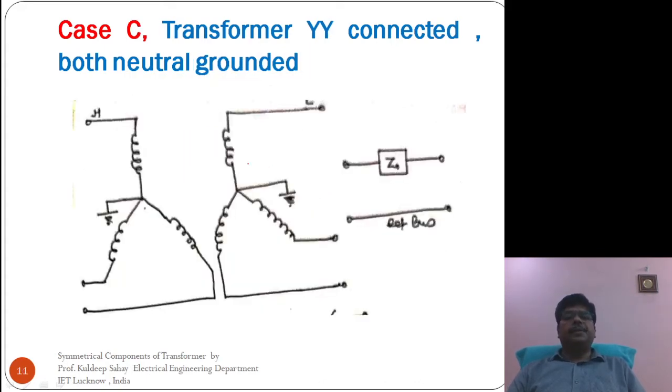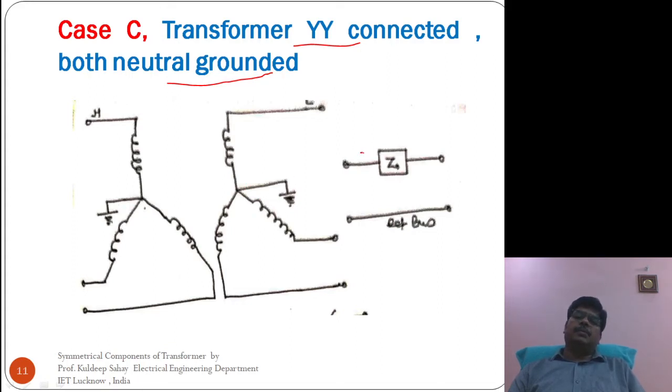Now case 3, here the transformer is star star, both the neutrals are grounded. So here, as per convention, the star point is grounded on both sides, the ST side as well as the LT side. So both the series switches will be closed.